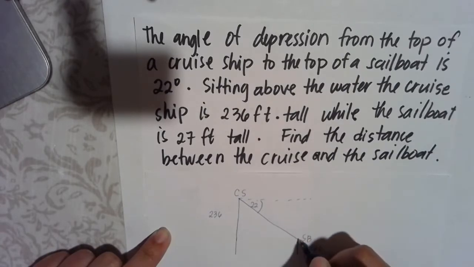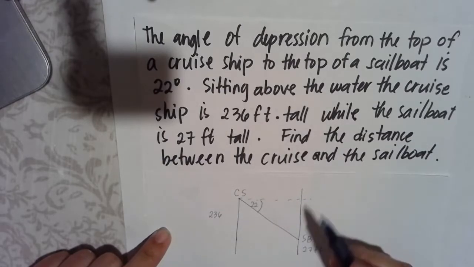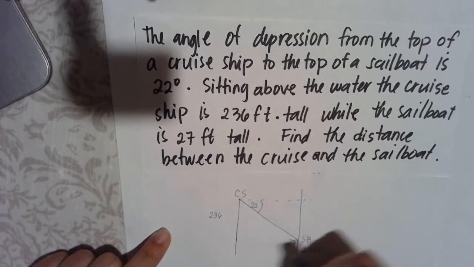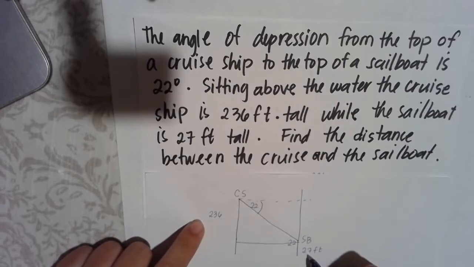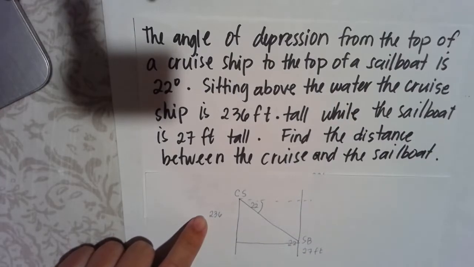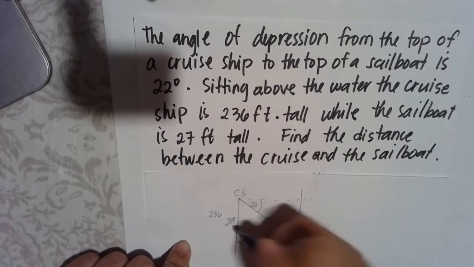So since they are alternate interior angles, this is also 22, right? So if that's 22 and this is 236, we need to subtract 236 minus 27. That's 209. So this part right here is 209.